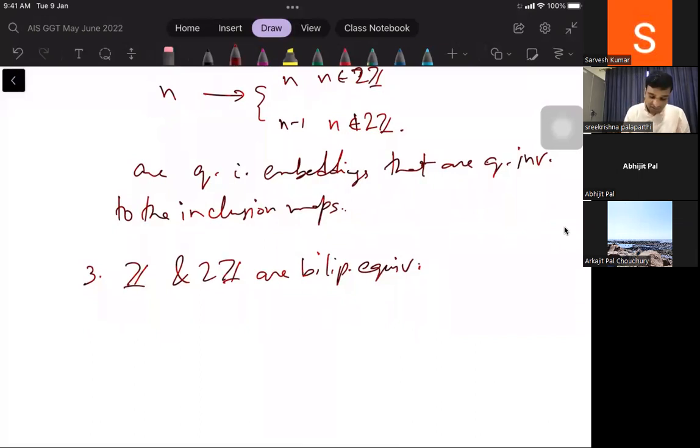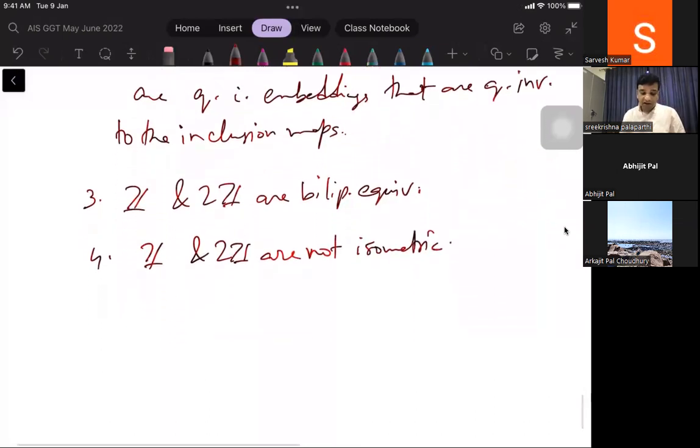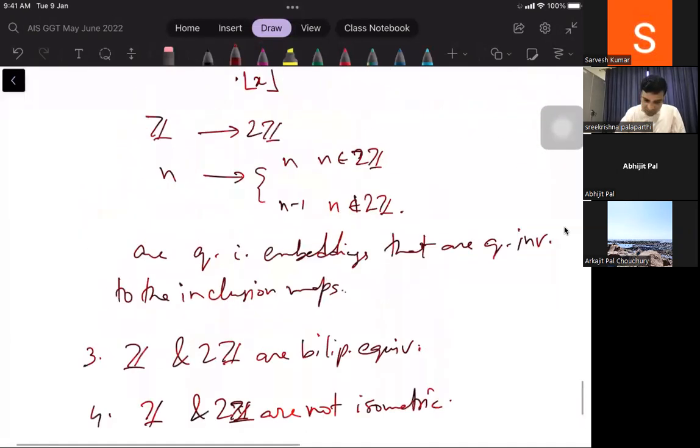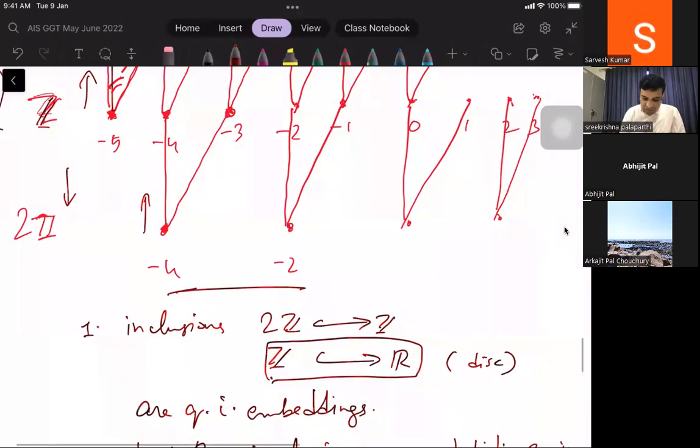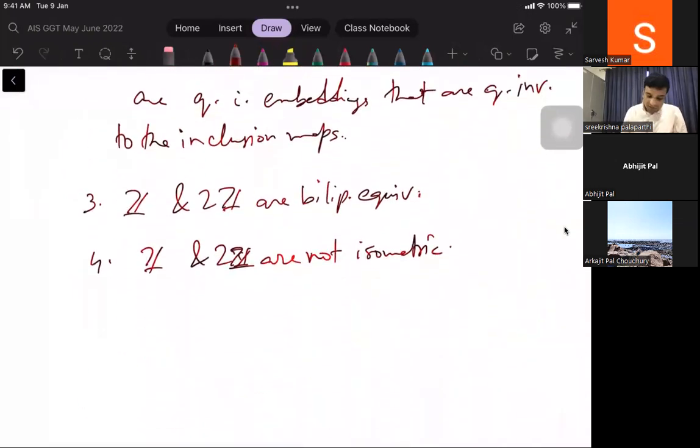And then you also can say that Z and 2Z, well, this is easy, are not isometric, because 0 and 1 are at a distance 1 in Z, whereas in 2Z, 0 and 2 are at a distance 2. So rather, -4 and -2 are at a distance 1 here, whereas -4 and -2 are at a distance 2 in Z. So this map is not an isometry.